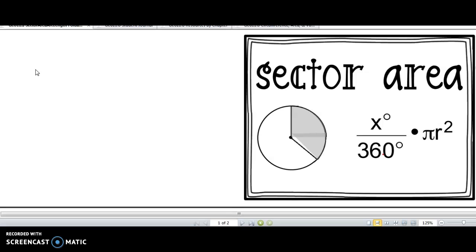So this week we're going to talk about the area of a sector. But what is a sector? A sector is a part of a circle that is bounded by 2 radii.